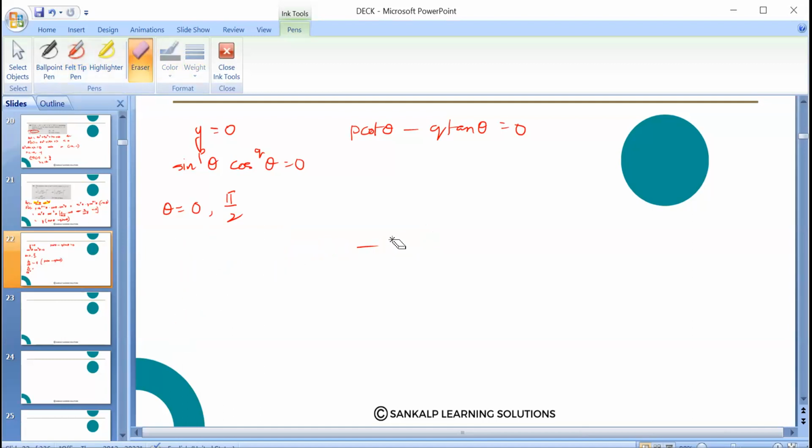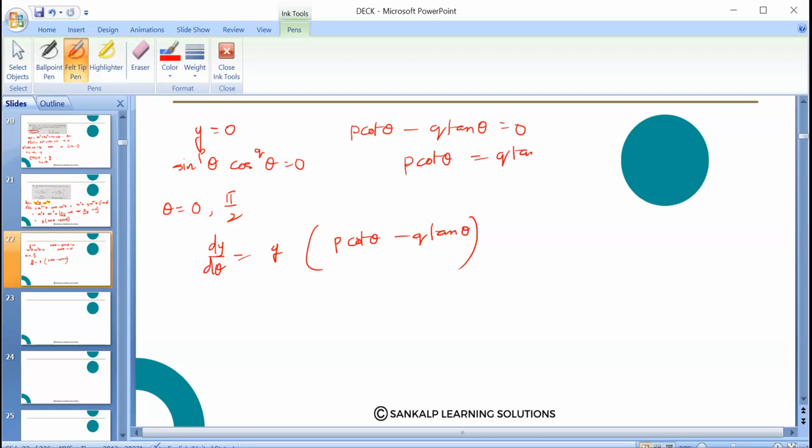So we have to change the form. Actually, what is dy by d theta? y into (P cot theta minus Q tan theta). But because this is 0, you can write P cot theta equal to Q tan theta, P by tan theta equal to Q tan theta.